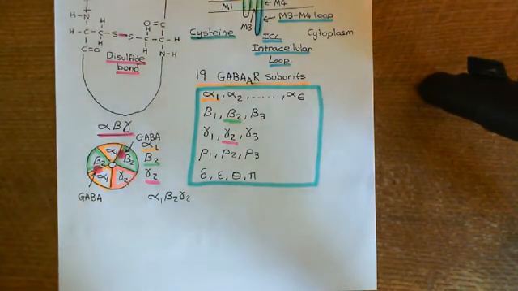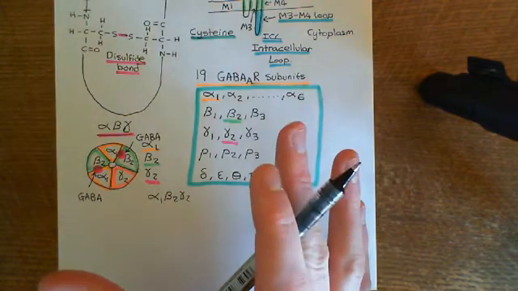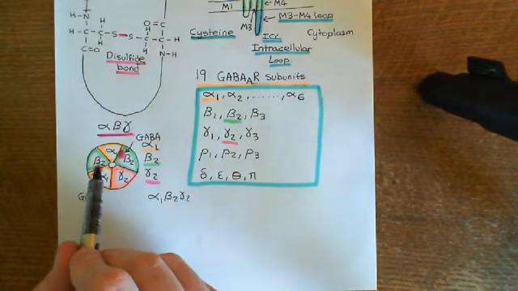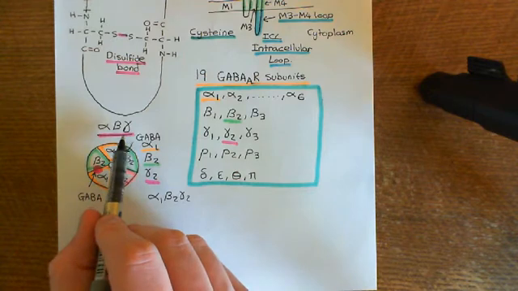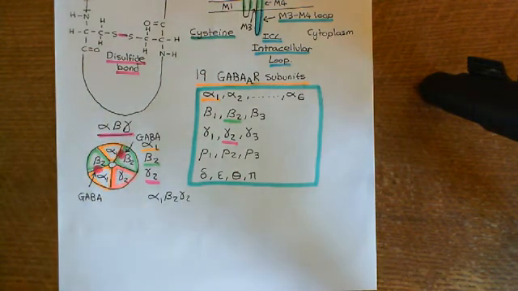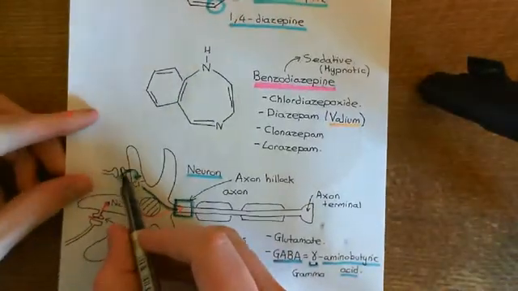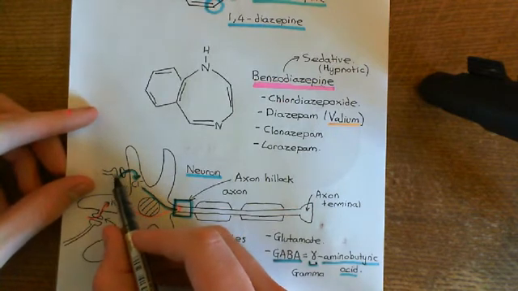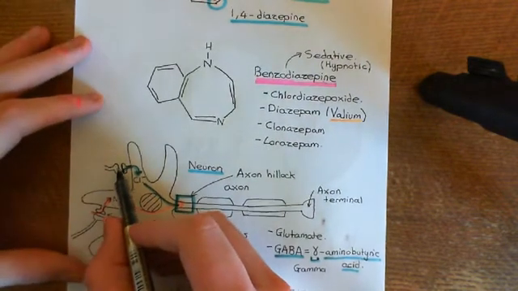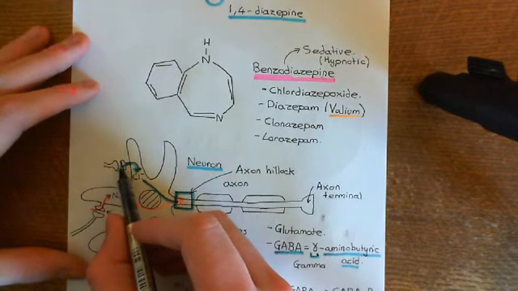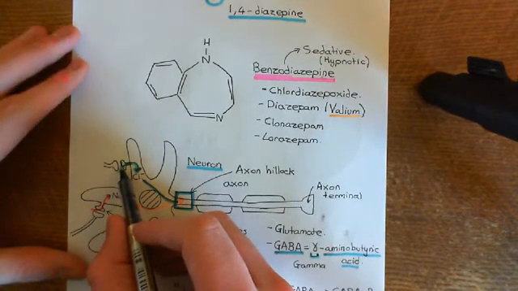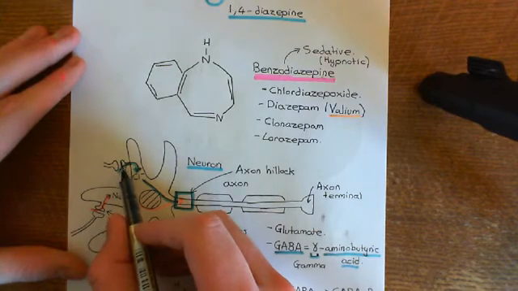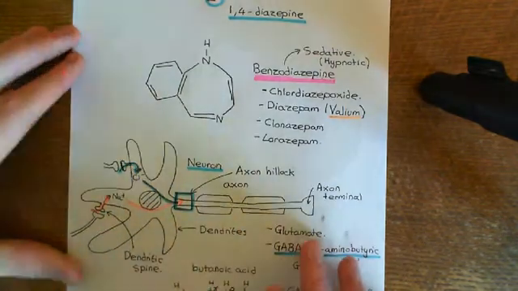Okay, so overall then, to put this in perspective, you have these GABA-A receptors, which are mainly of the alpha-beta-gamma type, on the postsynaptic membranes of your dendritic spines. When GABA is released from the presynaptic neuron here, it will diffuse across the synaptic cleft and bind to these GABA-A receptors on the surface of the dendritic spine.